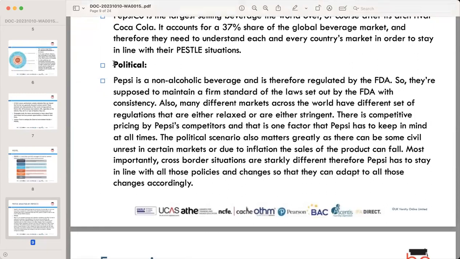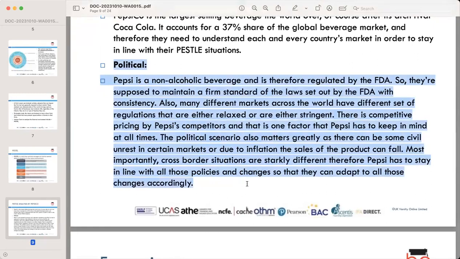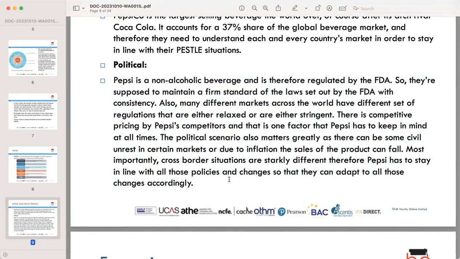So political factors. Given that Pepsi is a non-alcoholic drink, it falls under the regulation of the FDA, Food and Drug Administration. So this necessitates strict adherence to FDA standards. Furthermore, different markets globally may have varying regulations, some more lenient while others are stringent.